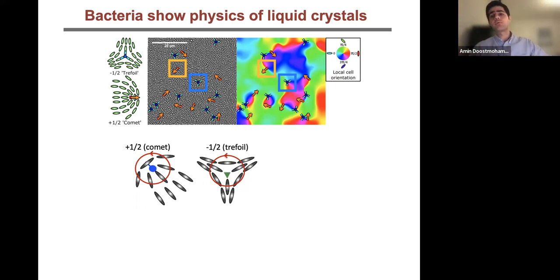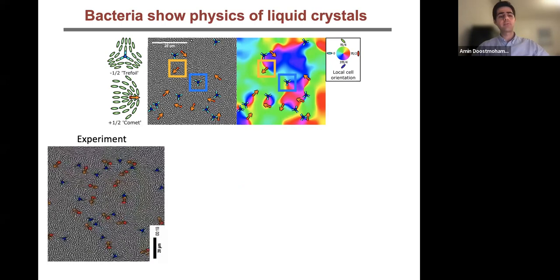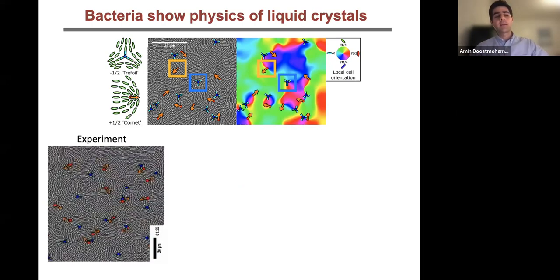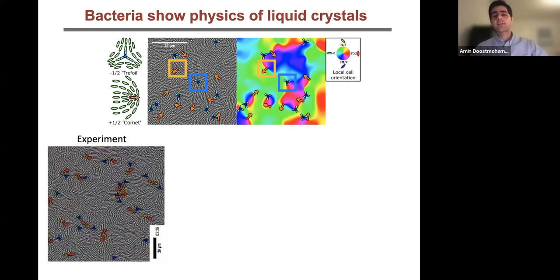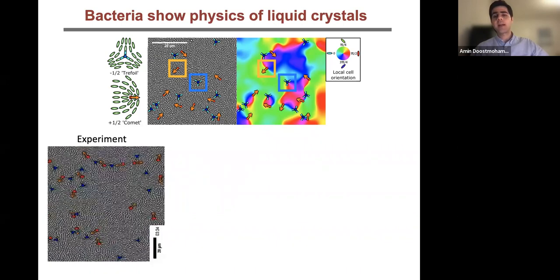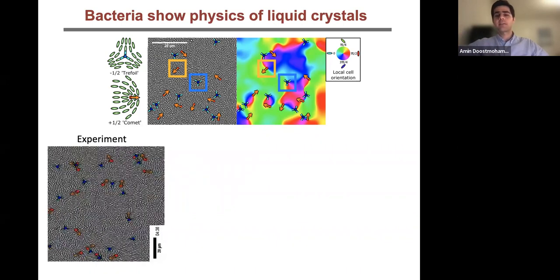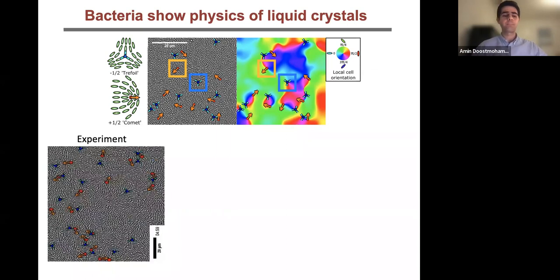We see these two defects that are known to exist in the phase called the nematic liquid crystal. So these bacteria are showing some features of the nematic liquid crystal. You can also see from the movie that these defects get created and annihilated constantly and continuously. Normally at a steady state, you have a certain number of these defects in the system.